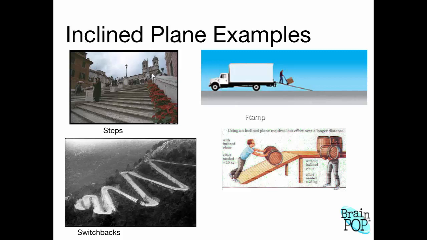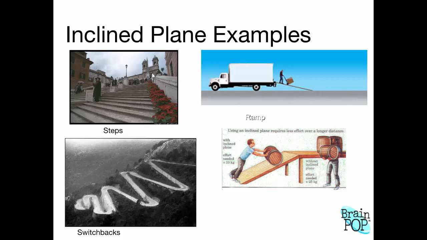If you imagine, in the front of our school, we have a wheelchair accessible ramp next to the stairs in the front entrance. So the stairs are their own inclined plane. What is the wheelchair ramp like? It's a longer inclined plane. It goes out, curves around, and then comes back.